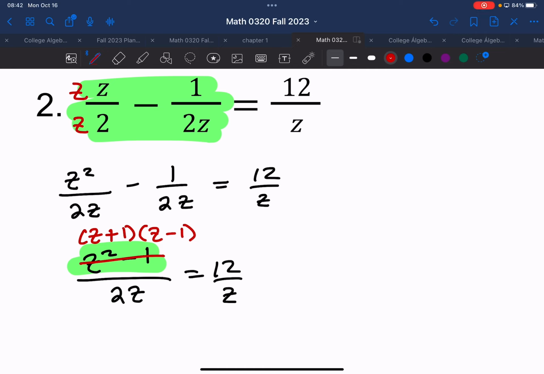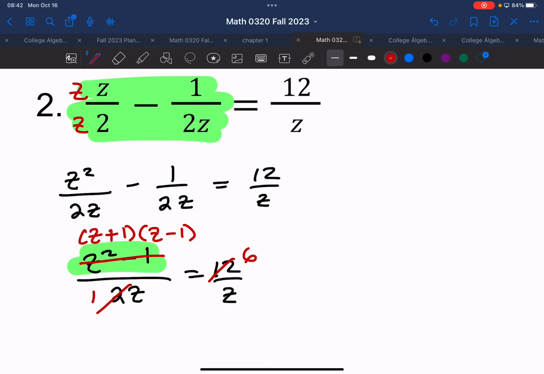Okay, so looking at this, it looks like we can't cancel anything on that first diagonal where we just simplified the z squared minus 1. But what about on the other diagonal? What could we simplify on this diagonal? The 12 and 2. So this would become a 6 and this would become a 1. Okay, I simplified everything.